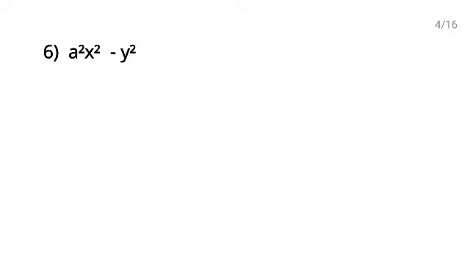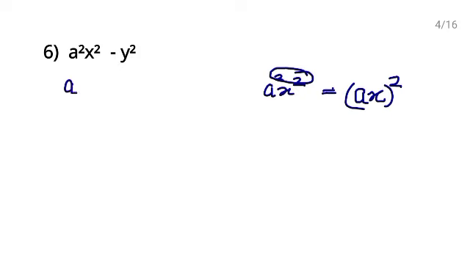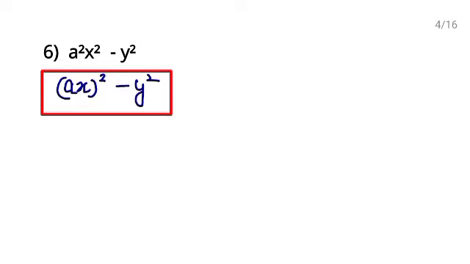Next, question number 6. First of all, write it in the form of difference of squares, right? So this a square x square, powers are same, so we can also write it as ax whole power 2, right? This you have learnt in exponents. So I'm writing it as ax whole square minus y square. Now this is in the form of a square minus b square, where a is ax and b is y.